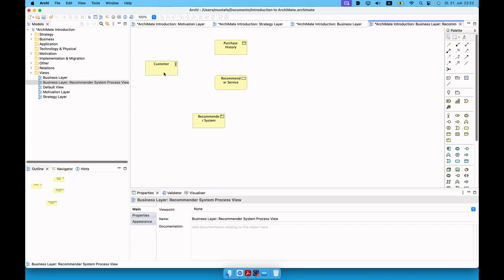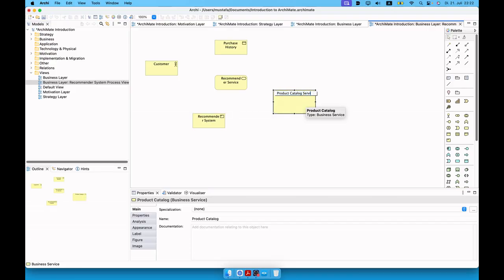So the customer triggers the recommender service, but not directly. There is the product catalog service. Let's make it a little bit bigger so that it fits on the screen. Product catalog service.